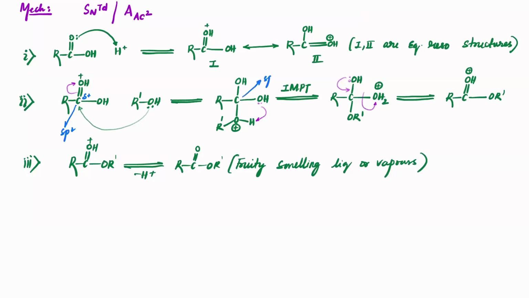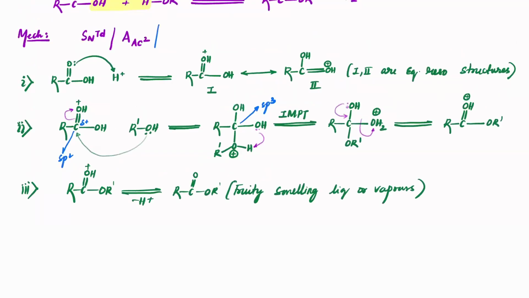So when a mechanism changes from sp2 to sp3, which means from a planar molecule to a tetrahedral structure, then that is called SNTD mechanism. SNTD means substitution reaction via tetrahedral formation. Alternatively, it is also called addition elimination reaction. It has undergone addition and then elimination. So you could clearly notice that first addition has happened and then elimination has taken place here.